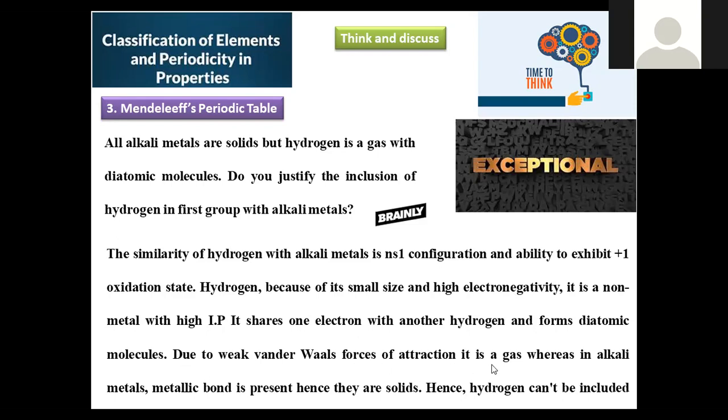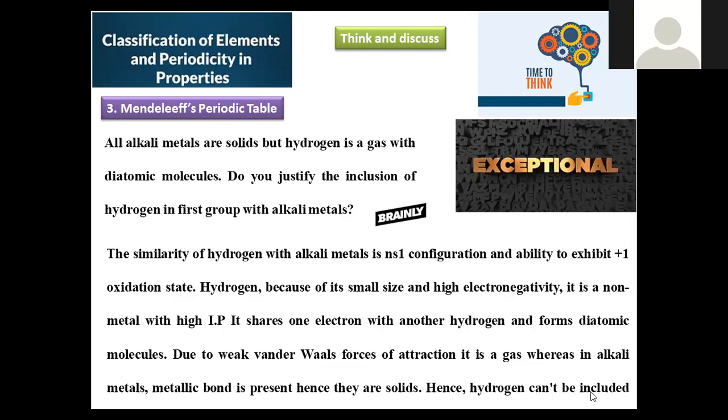Due to weak van der Waals forces of attraction, the gas exists in the gaseous state. Alkali metals are strongly held by three-dimensional metallic bonding. That's why lithium, sodium, potassium all exist in the solid state, but hydrogen, with only weak van der Waals forces, exists in the gaseous state.